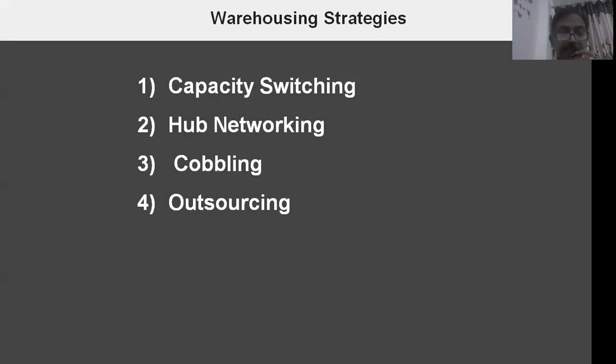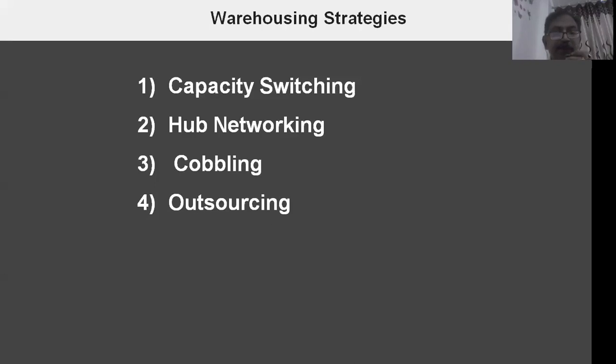In business, usually in some months we have peak demand, and in some months we have very less demand. So to handle these fluctuations, we have to make arrangements with different kinds of warehousing facilities. Like 20-30% of our storing can be done at our private warehouse.